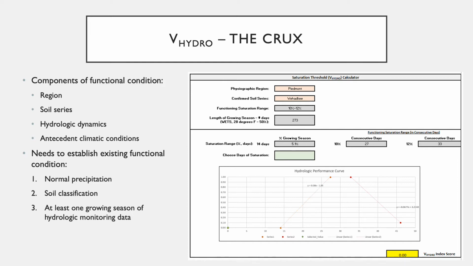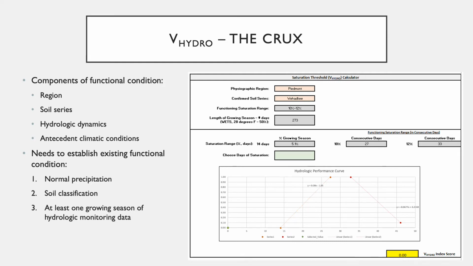You then also use that data along with measured hydrologic dynamics to determine what the function of your particular wetland is for V hydro. That assessment is then contingent upon antecedent climatic conditions, where you really need normal conditions to establish function.